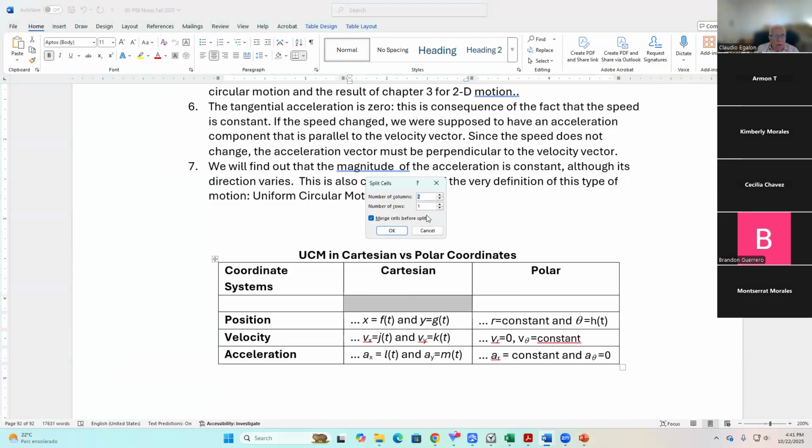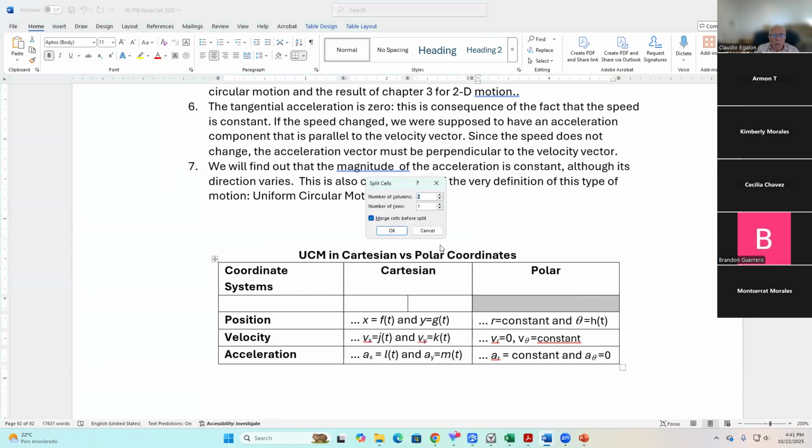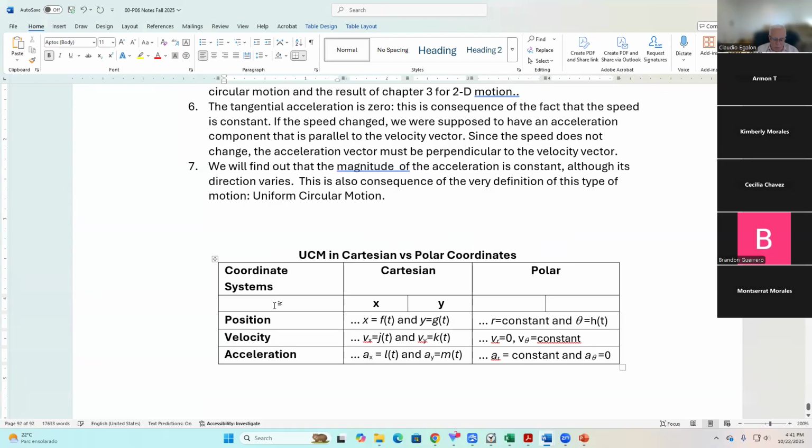Split cells. Two columns. X component, Y component. Yeah, I hate when it does that. Components.